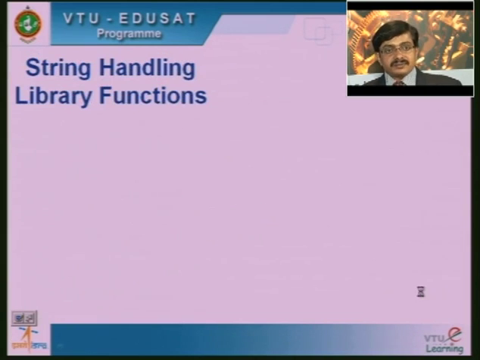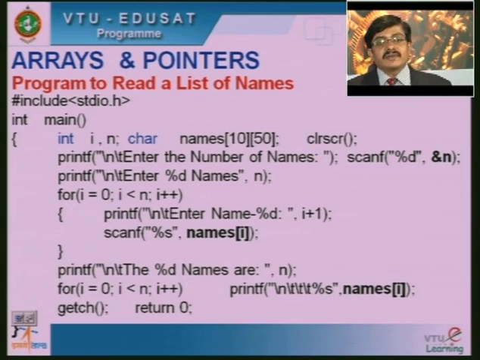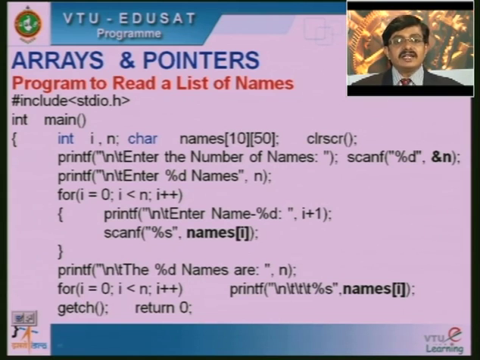This is exactly how we can read n names and display them back on the screen. With this particular program we may do the binary search program, which is your lab exercise program: read the n value, read n names, and then search for a particular name using the binary search method.